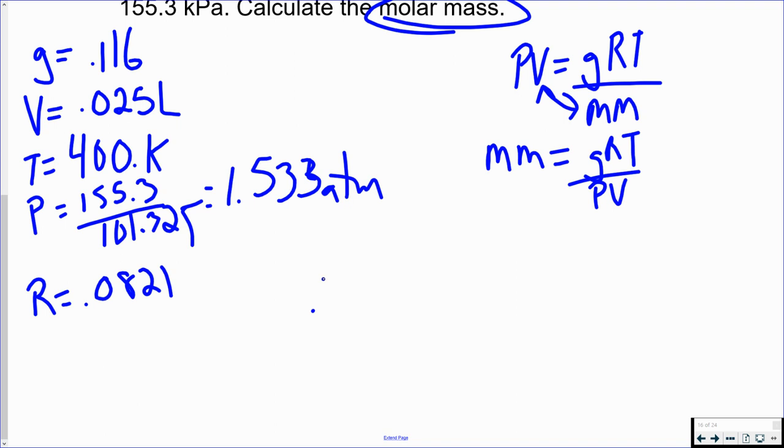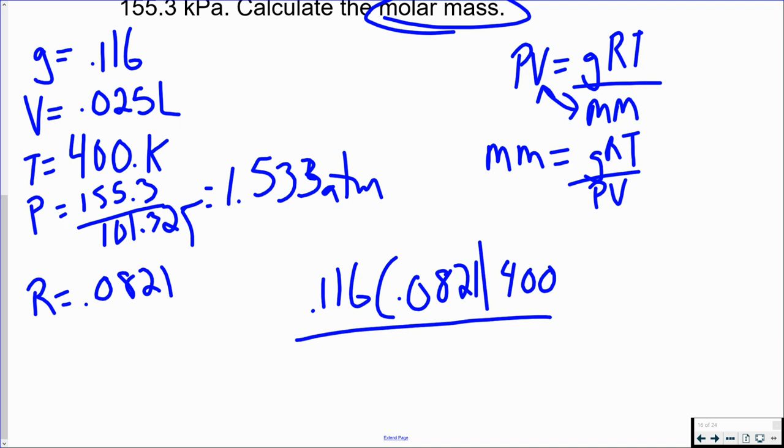So we have 0.116 times 0.0821 times 400 all over 1.533 and 0.025. So let's total that out.